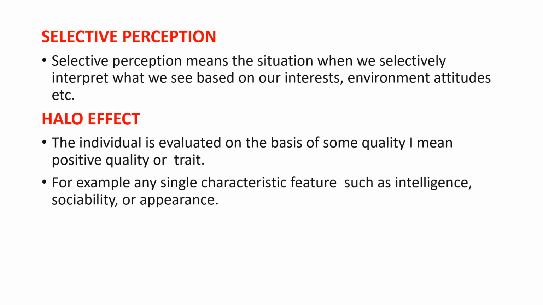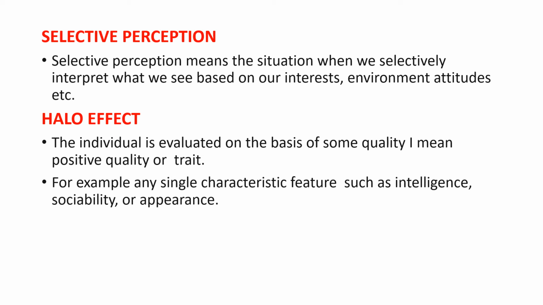If you want to see a river in the scenery, you will selectively take the river from that scenery. So based on our interest and attitude, if you are perceiving something, that is known as selective perception.